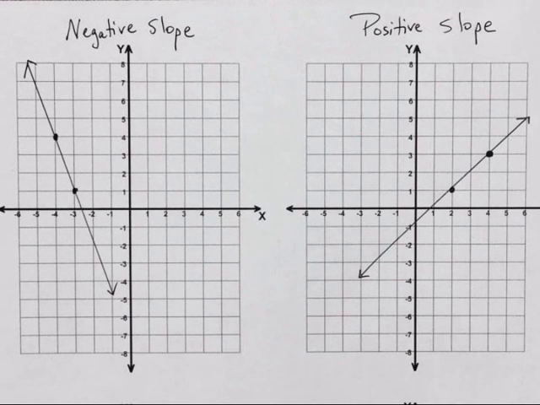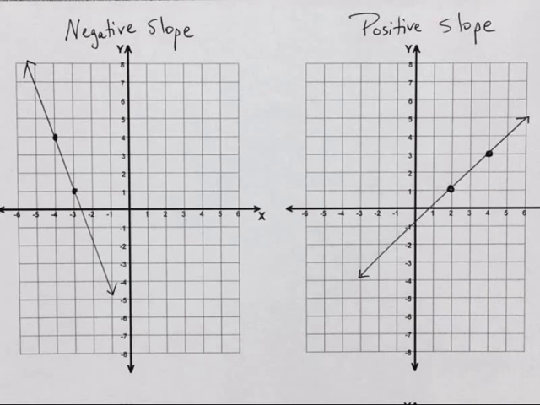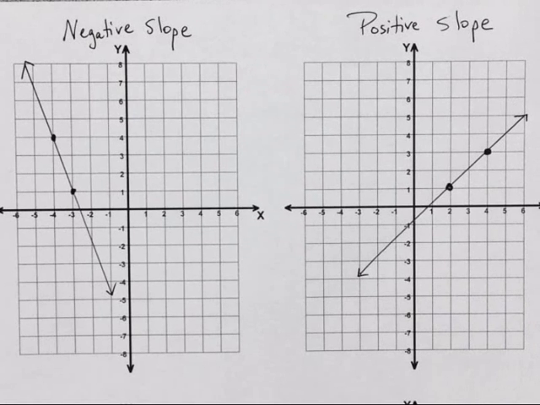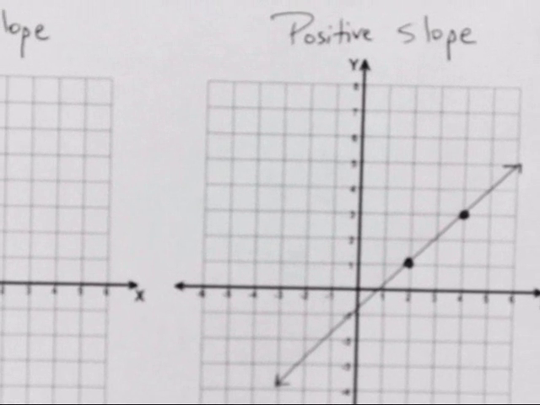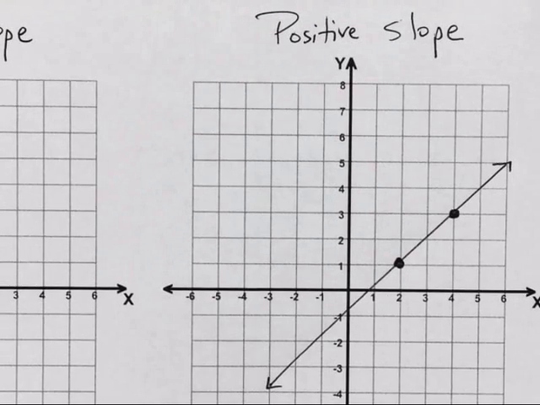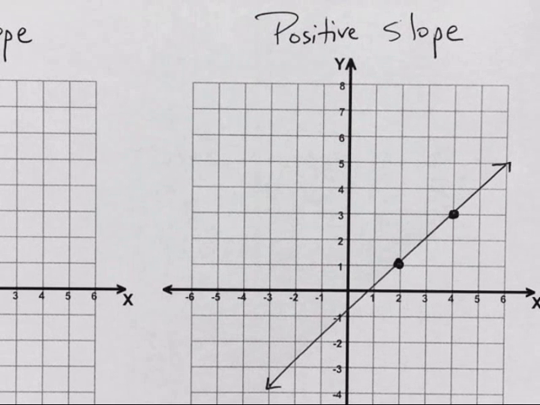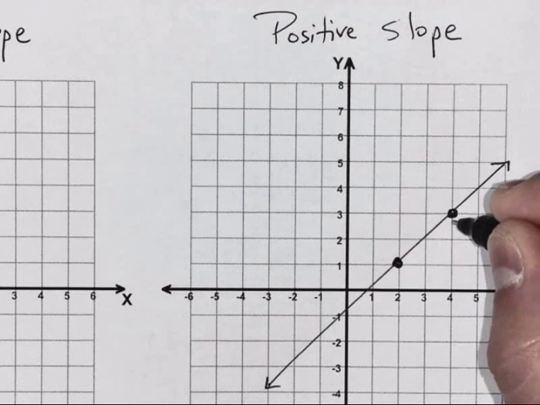Okay, so that's how we can have an idea of what slope is graphically. We can also calculate slope from a graph if we have 2 points that are on the line. Notice I have 2 points here on our positive slope. The two components that compose slope are rise and run.